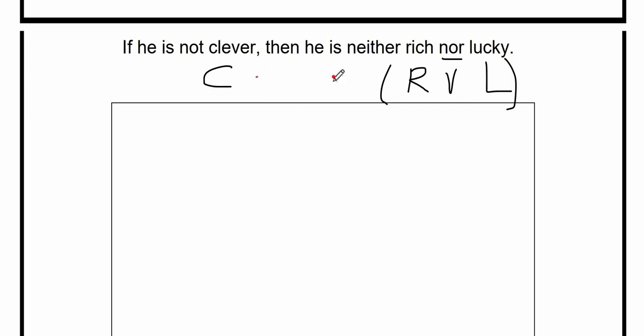This is an implication one, if then. So we start with this: if he is not clever, then it means that he is neither rich nor lucky.